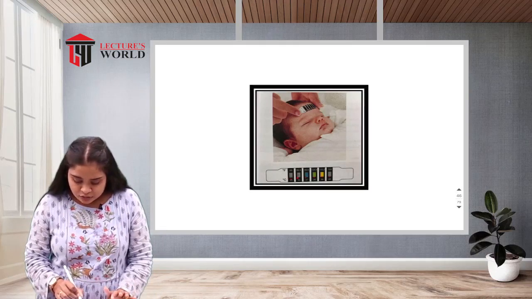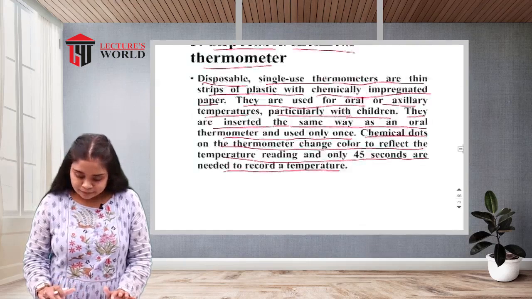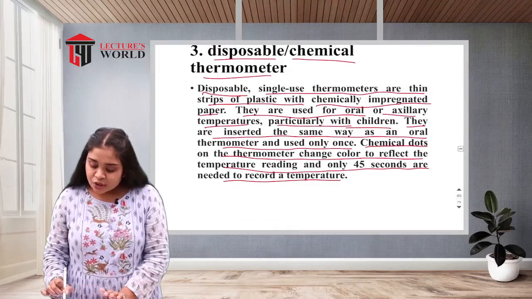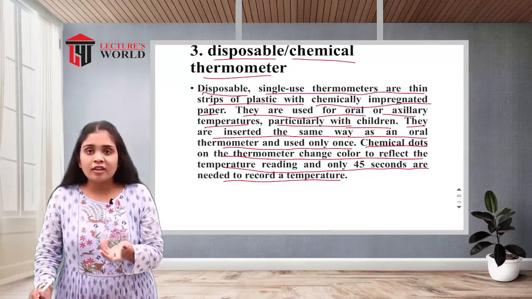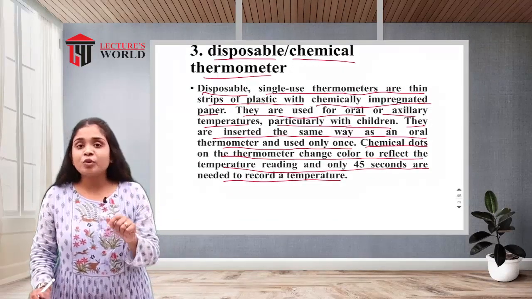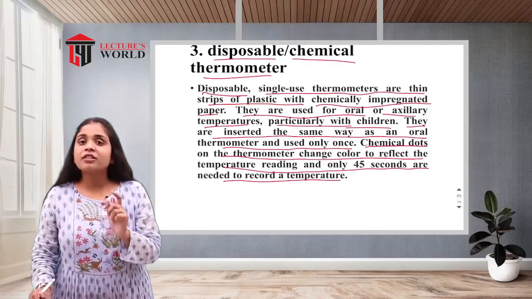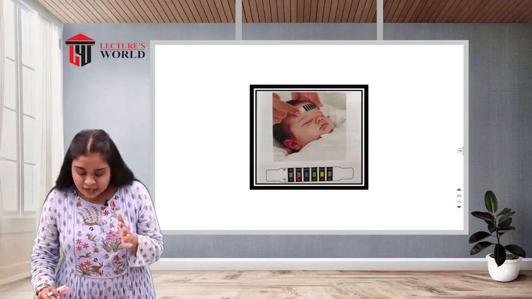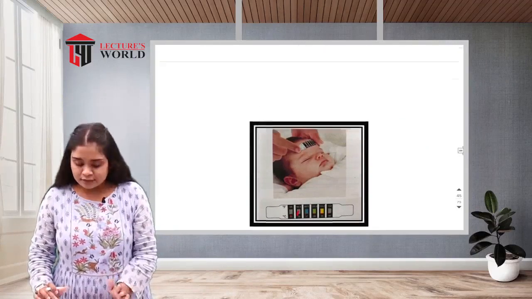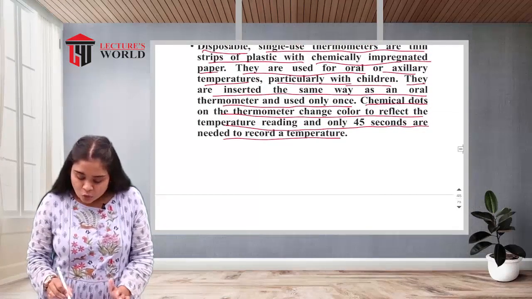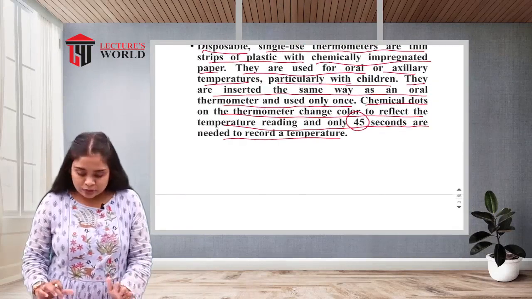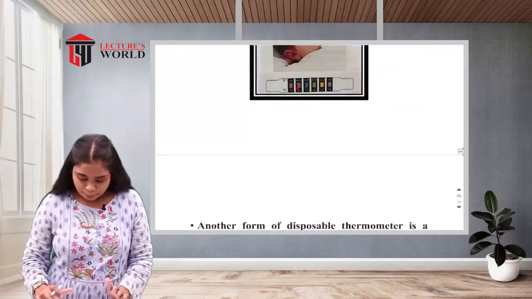So if it is this, that will be filled. The chemical dots on the thermometer change color to reflect the temperature, and by that you will be able to understand that the child or the patient has this kind of temperature, maybe 98.6 degrees Fahrenheit. It only takes about 45 seconds to record this temperature.